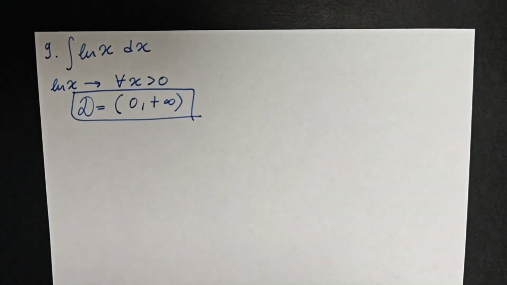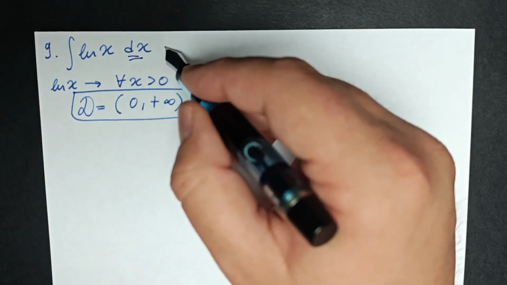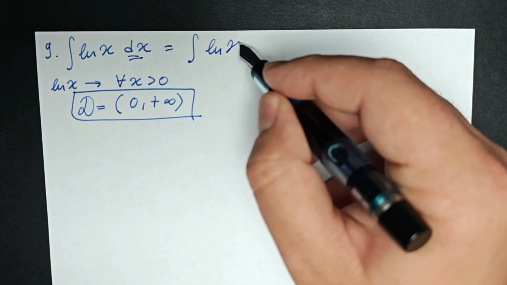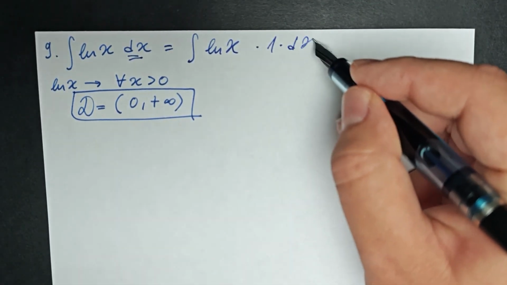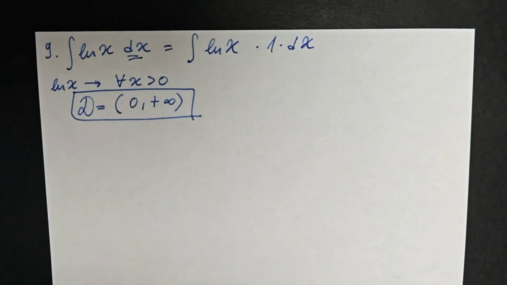Now, the integral which we have is interesting because we have only one term in the integrand, and that is ln of x. Here also you can use integration by parts. This part right here, dx, you can see as 1 multiplied by dx. And that is an algebraic term.